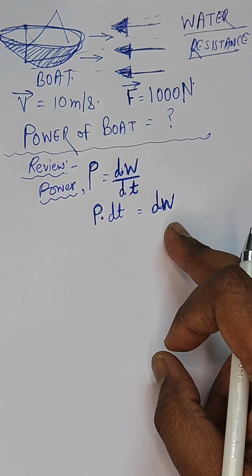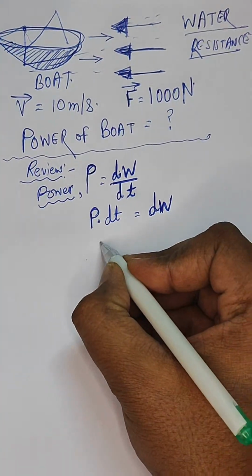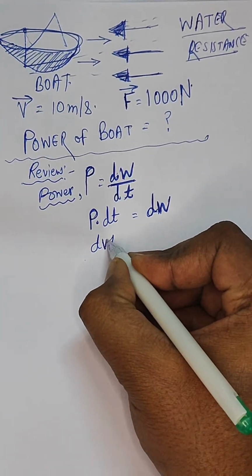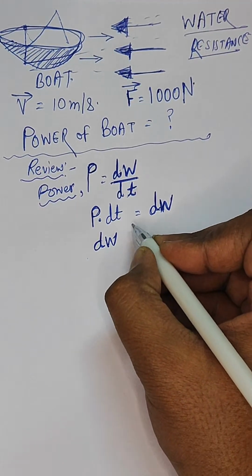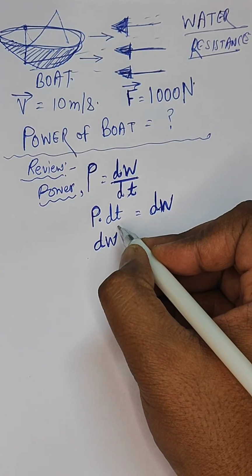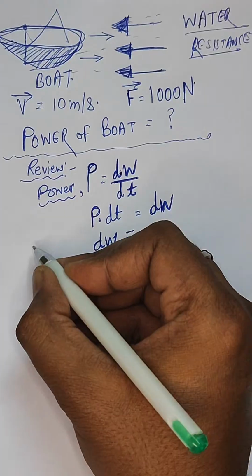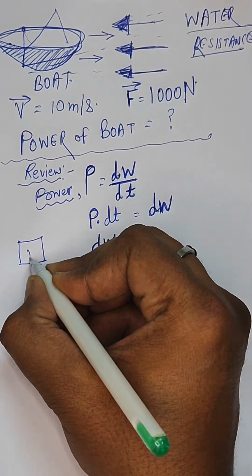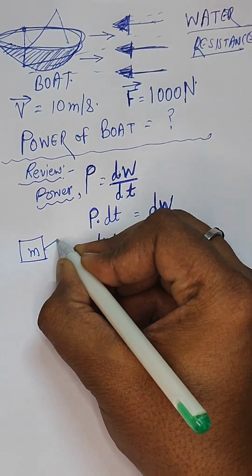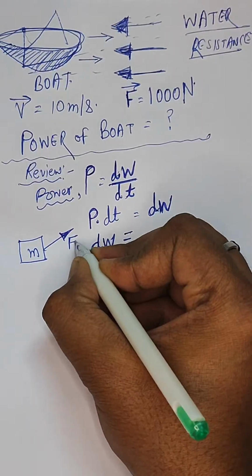Now, we can write dW as, if you remember, dW is the change in the work done when you have a mass and you are just pulling it somewhere like this, right, with some force.